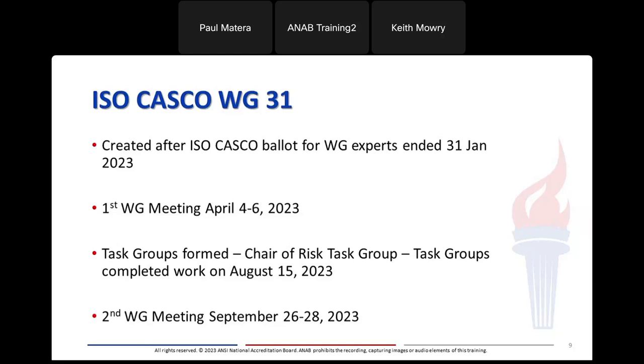So one of the things that we have to talk about is that the required information that's supposed to be in all ISO 17000 standards, they are called the Proc 33 common elements. And so what we had to do with those is the last update for Proc 33 came out after the publication of ISO 17020-2012.